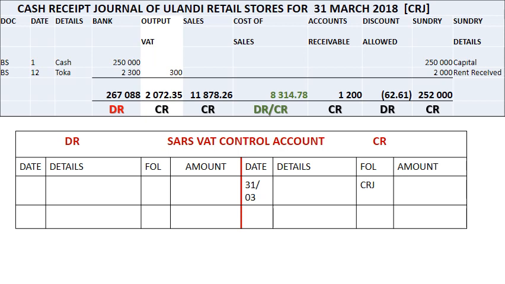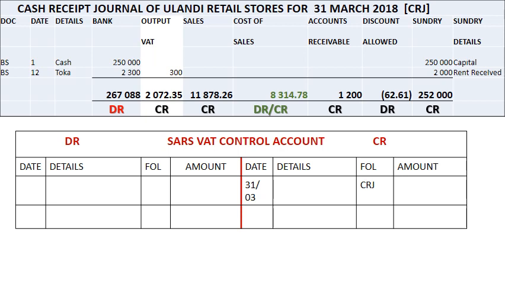The next step is to post into the contra account. In the ledger, we open up the SARS VAT control account to post the output VAT. I have chosen the control account instead of the output VAT account to shorten the length of this presentation. It will also be the same thing with the input VAT.